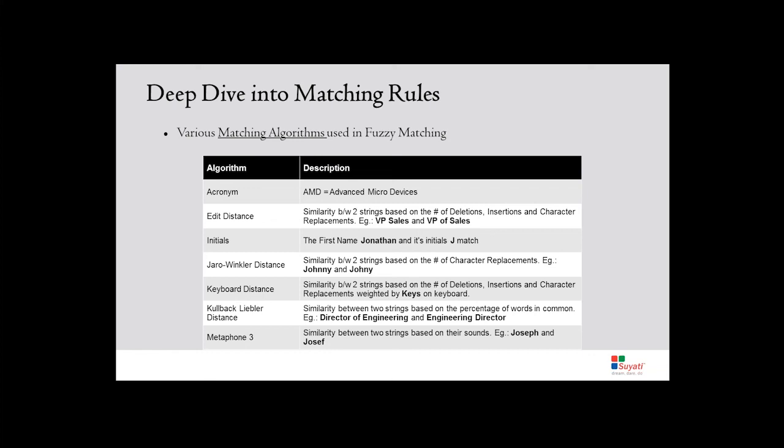Just for your information, Metaphone 3 is a proprietary algorithm. If I remember, it was written by someone named Lawrence Phillips, and the 3 is basically the version. This is all for the sake of information, which you really don't need to know while setting the matching rules. But Salesforce behind the scenes uses a lot of algorithms and different methods and steps to ensure that you are flagging the correct set of records.